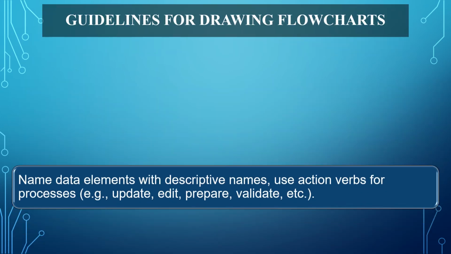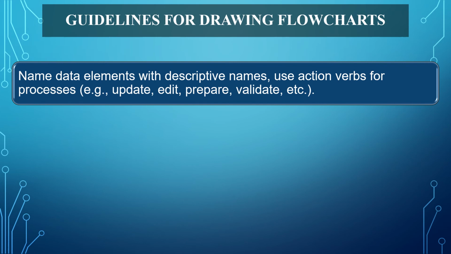And then name data elements with descriptive names. Use action verbs for the process. Especially for a process, you should use an action or verb name. So let's say update, edit, prepare, validate, print, store, and so on.